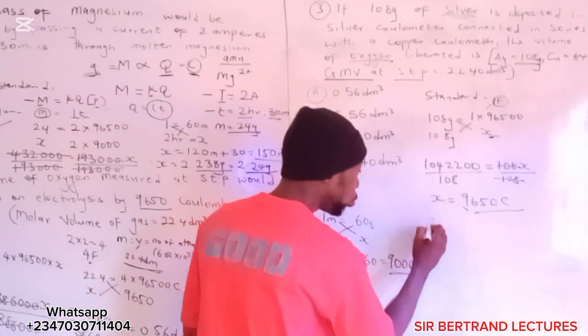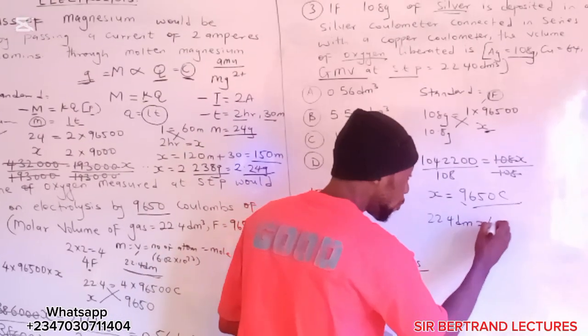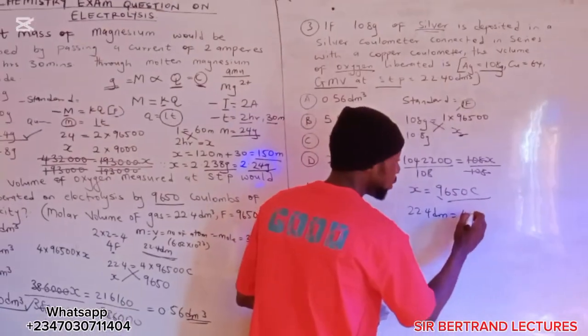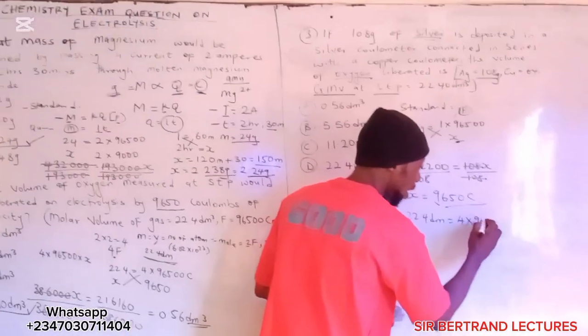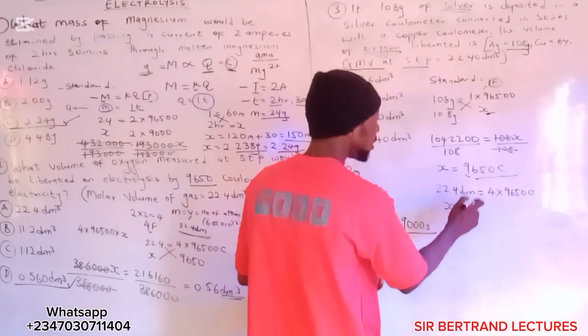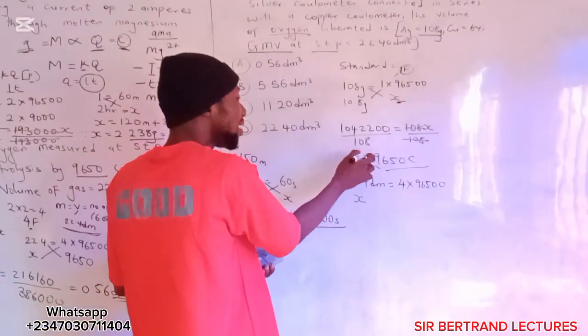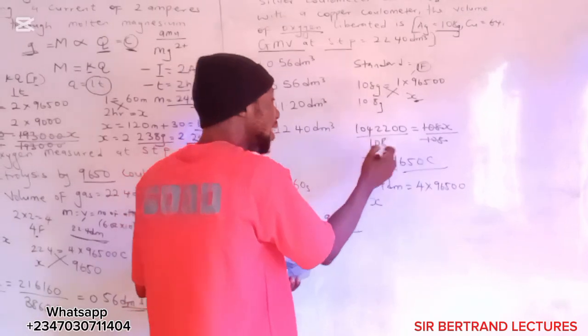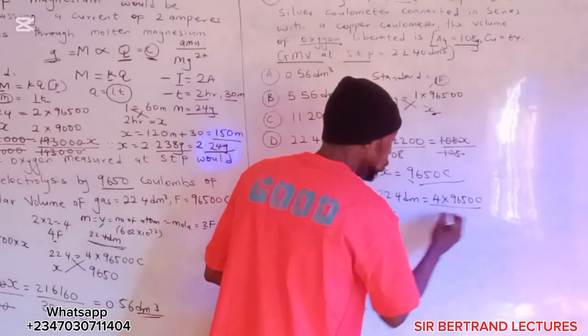So here we have 22.4 dm cube against 4 Faraday, that is 4 times 96500. Then you are looking for the volume that will be liberated by the same quantity of charge that deposited 10.8 gram, abi, this is 10.8.